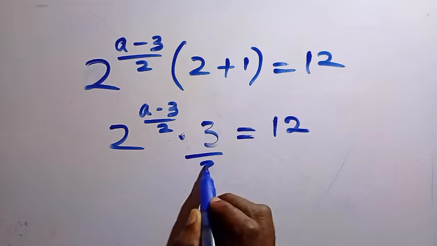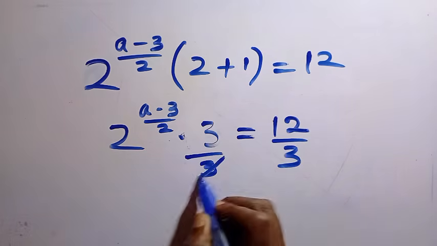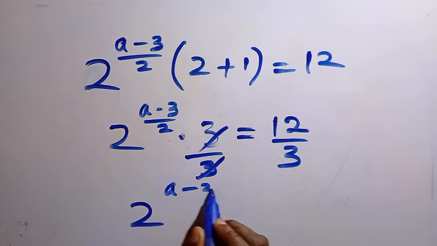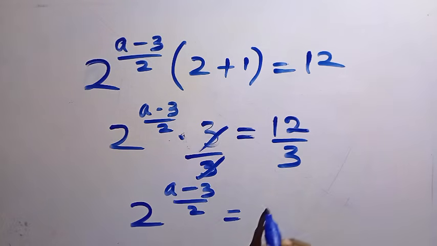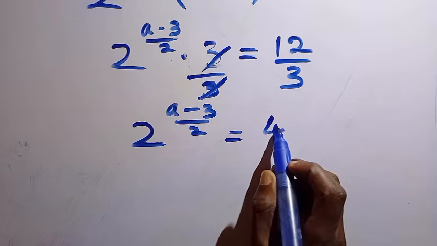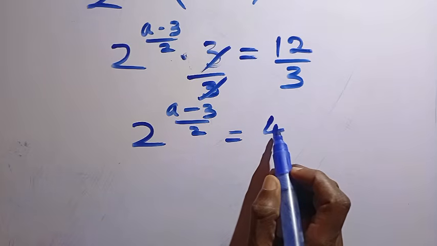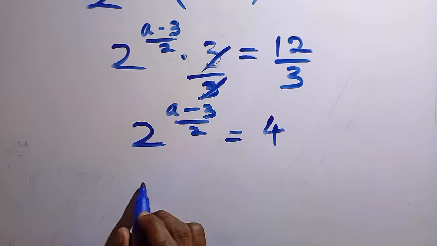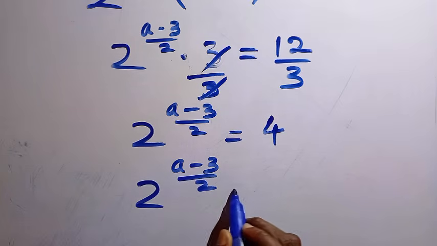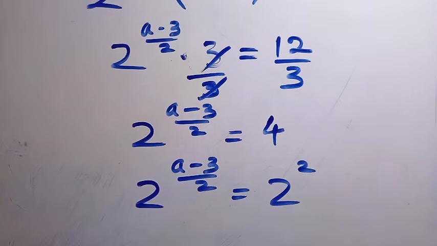Dividing both sides by 3, we cancel 3, and we have 2 power of a minus 3 over 2 equals 12 divided by 3, which gives us 4. This 4 we have to express in base of 2, as 2 power of 2. So we have 2 power of a minus 3 over 2 equals 2 power of 2.